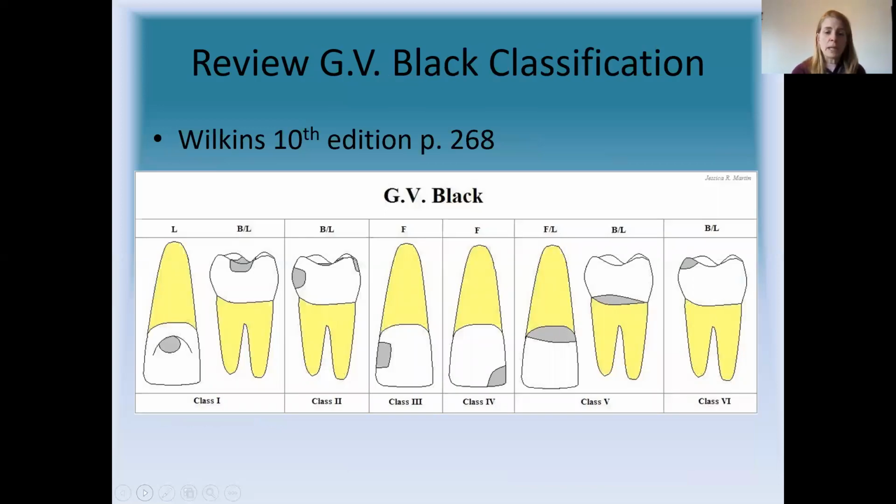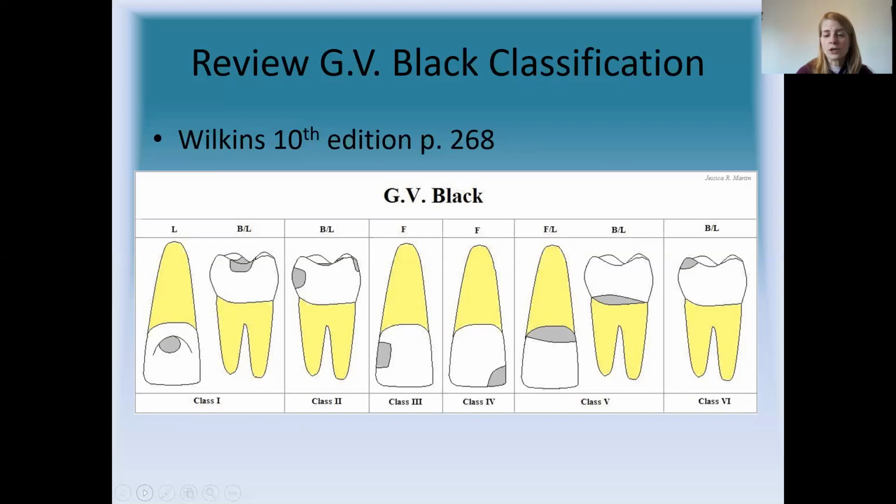Remember our GV Black. This is something that you will definitely see on boards, definitely see on quizzes and tests along the way. We've got Class 1, our occlusal and buccal and lingual pits. Class 2 is our posterior interproximal. Class 3 is our anterior interproximal.